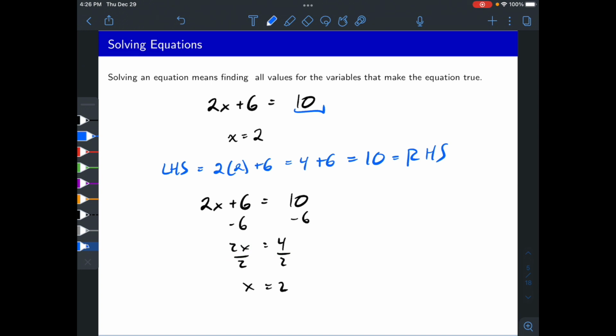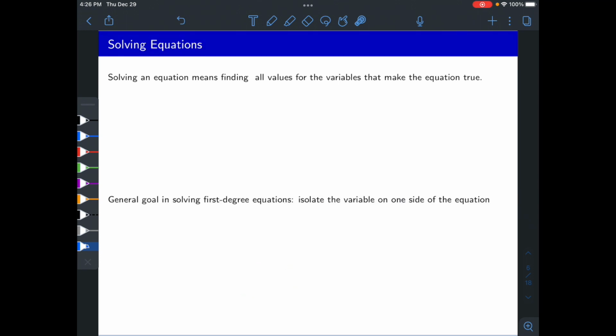And you can see that by plugging x equals 2 into 2x equals 4, which is fundamentally different than plugging into 2x plus 6 equals 10. And even the equation x equals 2 is still an equation that you can plug into. It's just very obvious that if you plug 2 into this, then it's going to be true.